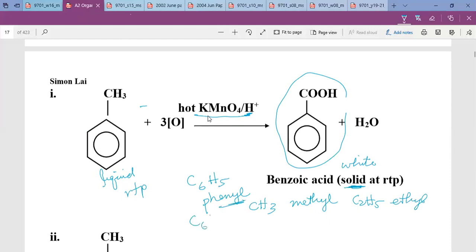That's why your phenol, which you do next chapter, is phenol, an alcohol. So if there's 7 carbons, C6H5 and a C here, you call it benz. Mercedes-Benz. Benz. So it's benzoic acid.